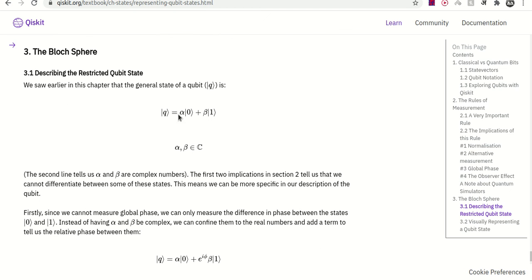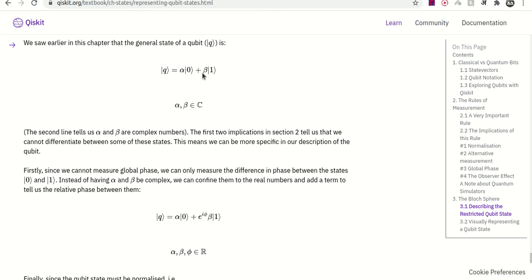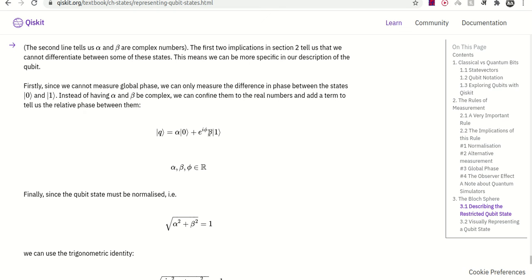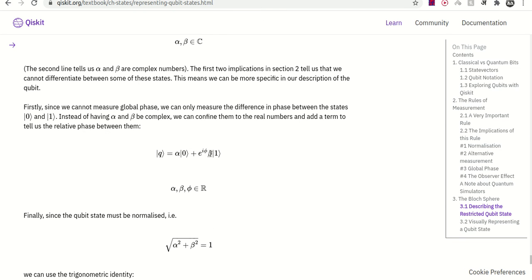We have a qubit, alpha 0 plus beta 1. These alpha and beta are complex numbers. Since we cannot measure global phase, we can say that alpha and beta are out of phase. Alpha and beta can be written in this form too, and suppose these representing numbers belong to the reals.